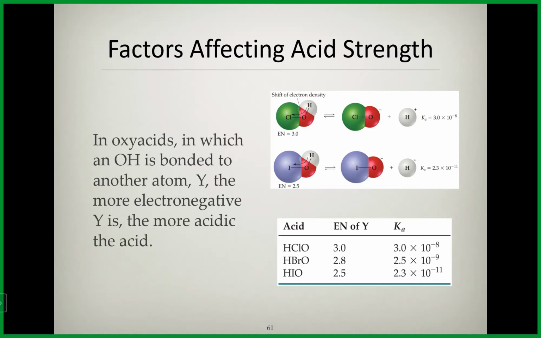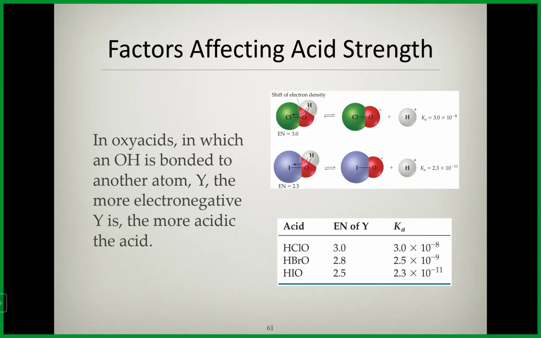And then there's what is known as oxyacids. It's considered that because we've got the hydrogen bonded to an oxygen, and then it's bonded to some other element. What we're going to see is as the electronegativity of that other element increases, the substance is going to become more acidic.